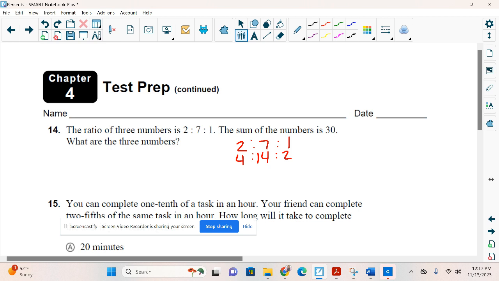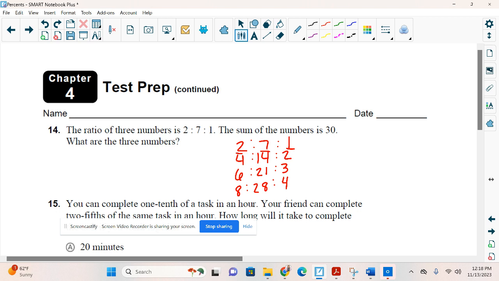If I went again, it would be 6 to 21 to 3. If I went again, so now I'm multiplying by 4, I would get 8, 28 to 4. You're multiplying the original ratio by 4.